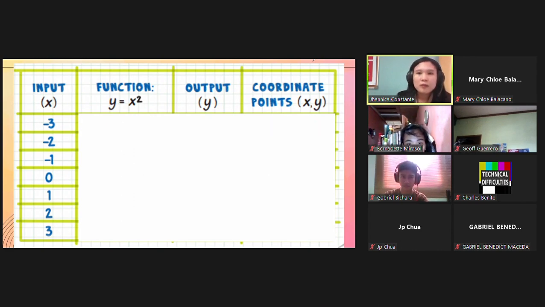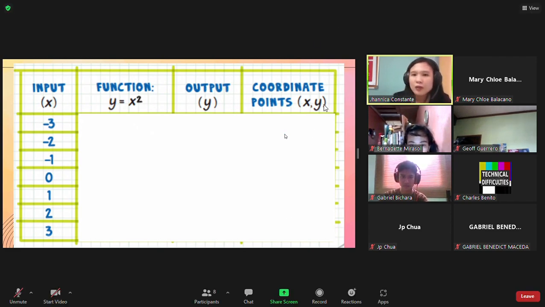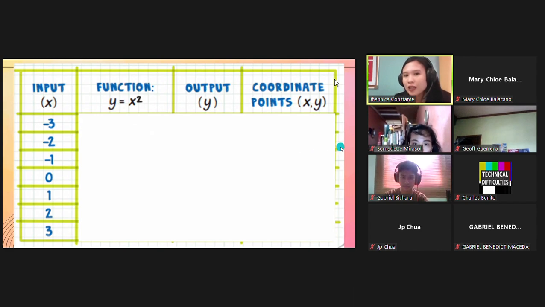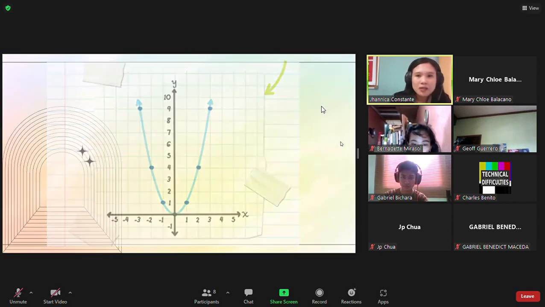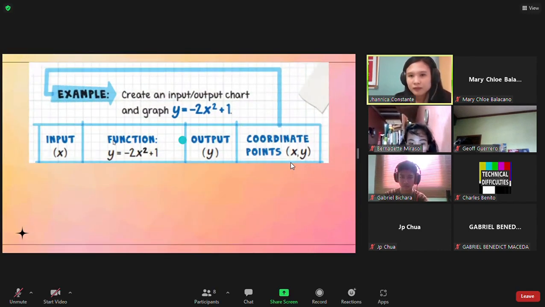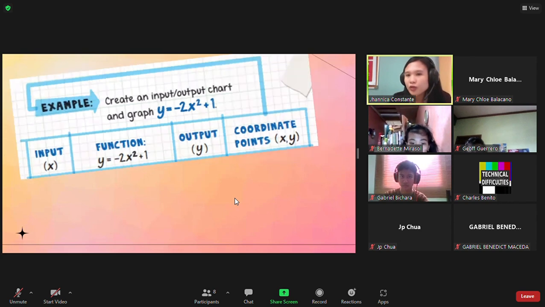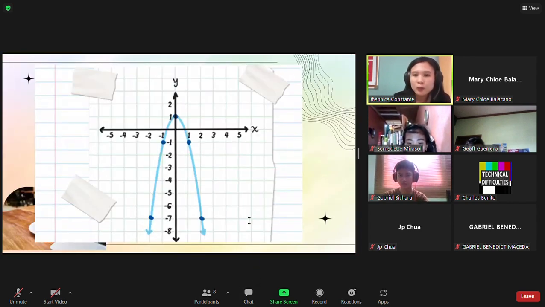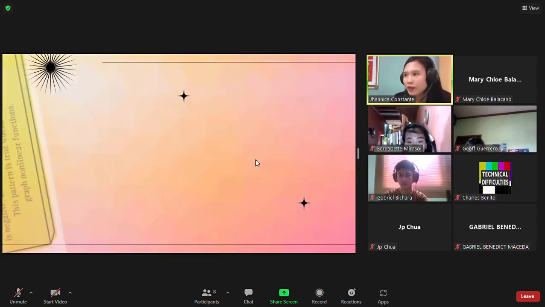To determine the direction of the parabola once we graph our quadratic function, if we have a positive leading term, the graph will open upward.